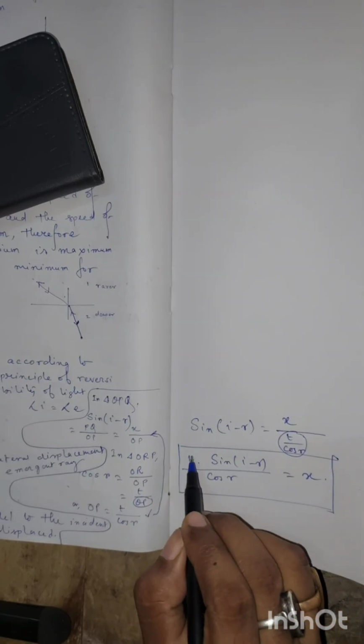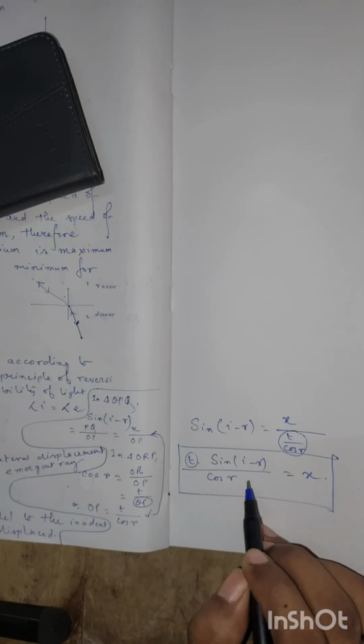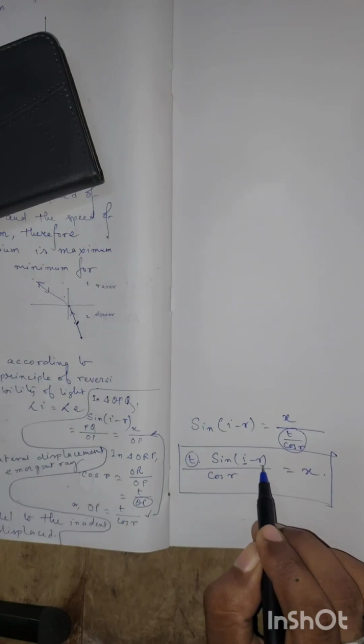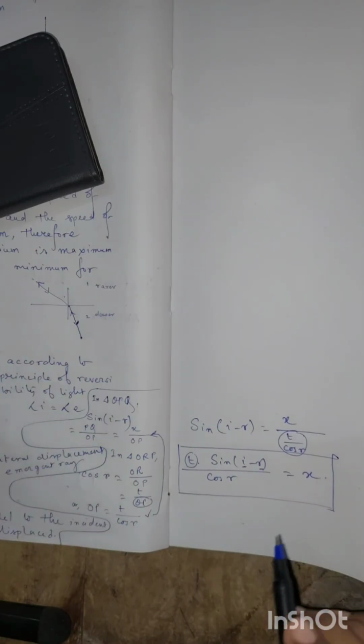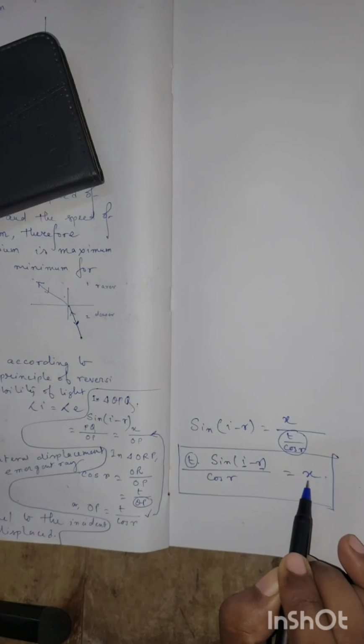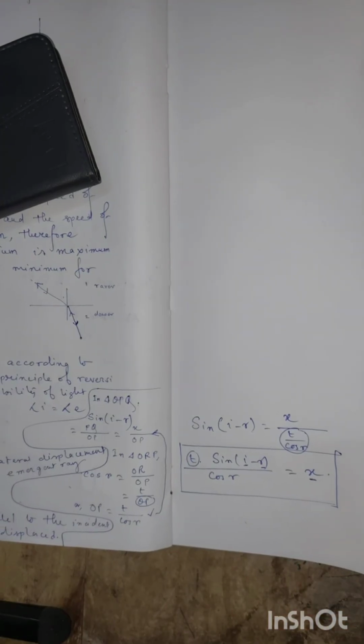If we know the thickness of the glass slab, the angle of incidence and the angle of refraction, we can easily find out the value of lateral displacement. So this is our equation.